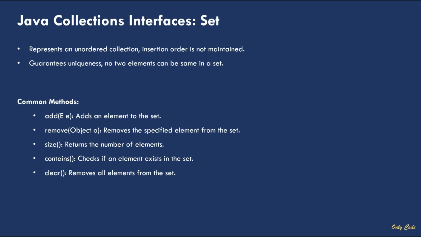Clear, removes all elements from the set. Two of the most common implementations of set are HashSet, which ensures uniqueness but does not maintain any order. TreeSet, which is a navigable set and keeps the elements sorted.